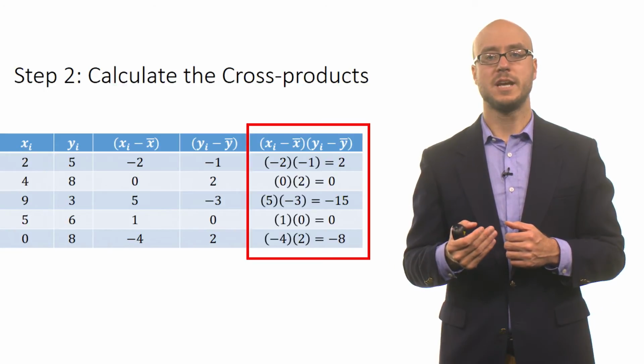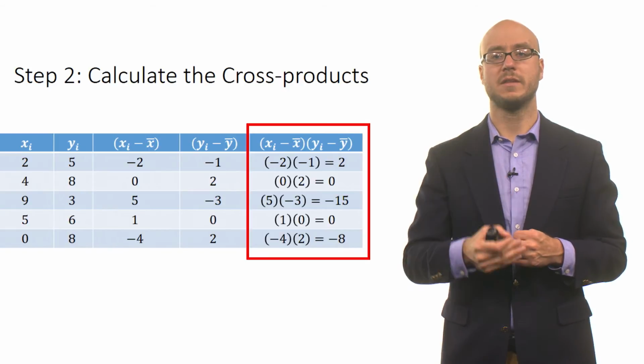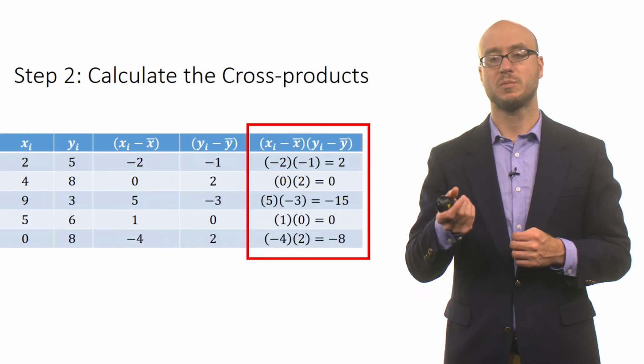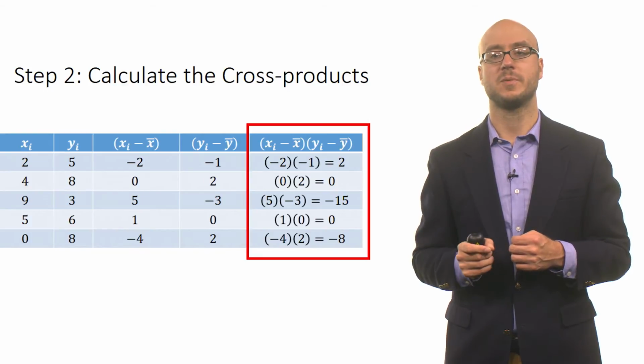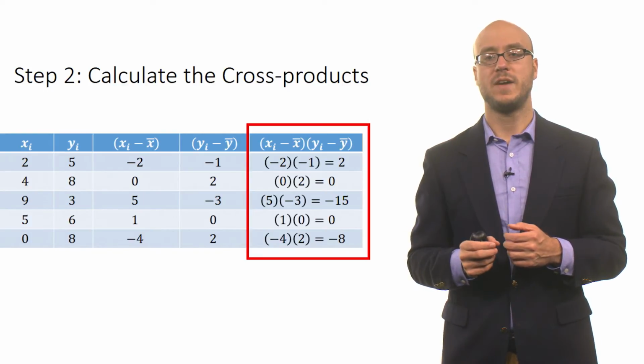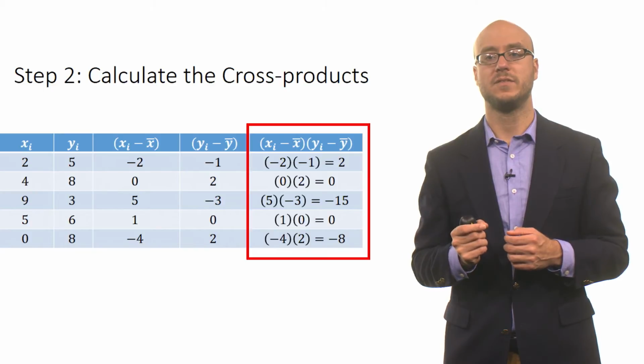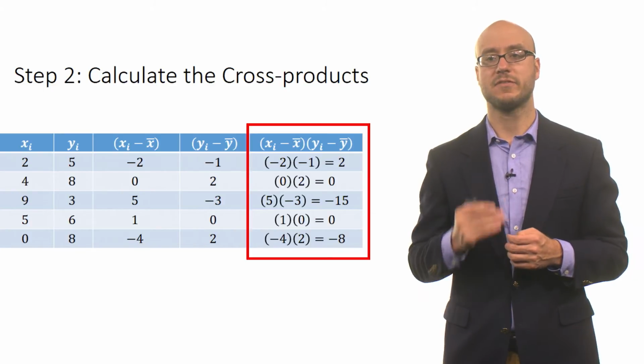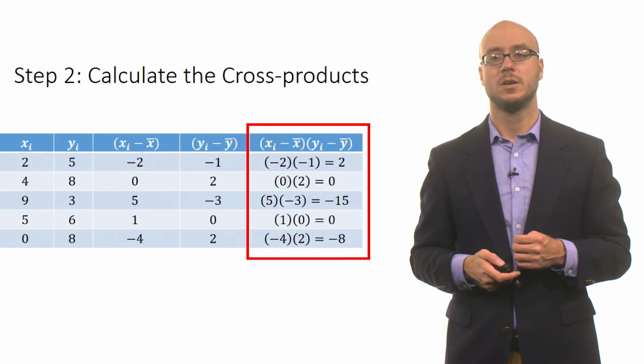For the person in the second row, that person has a value right on the mean of x and 2 units above the mean of y, and you multiply those values together and you get a cross product of 0. In a similar fashion, we get cross products of negative 15, 0, and negative 8. So each person has a different cross product.